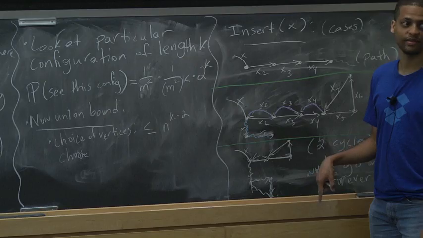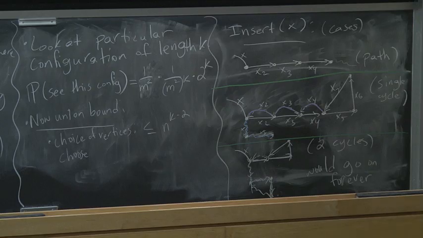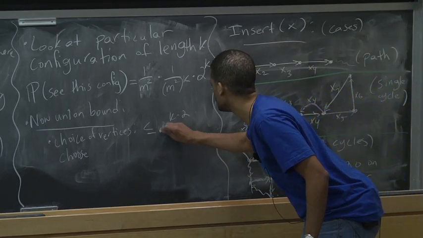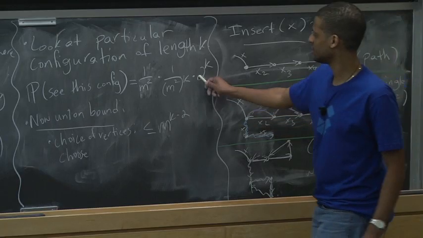Wait, sorry, say it again. Oh, actually, and wait, choice of vertices. This should have been m to the. Okay, if they were in one cycle. Yeah. And then what we count is the case where they were on one cycle. You mean here or here?